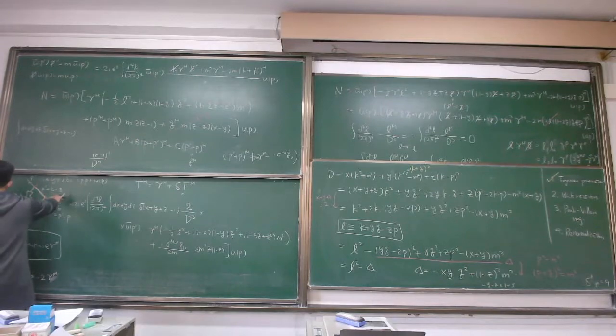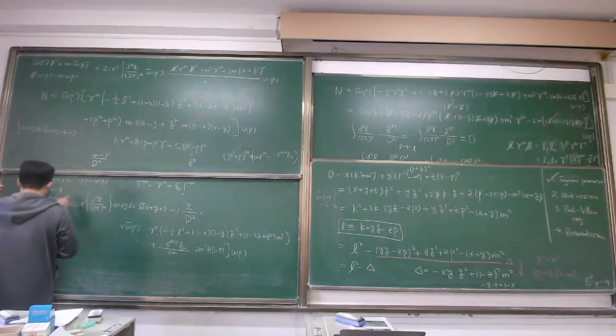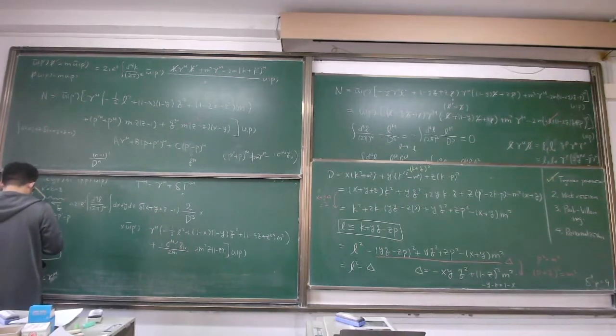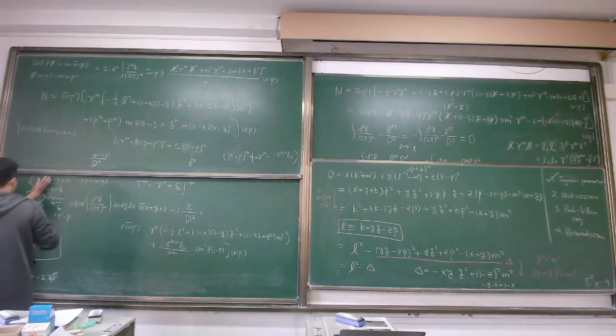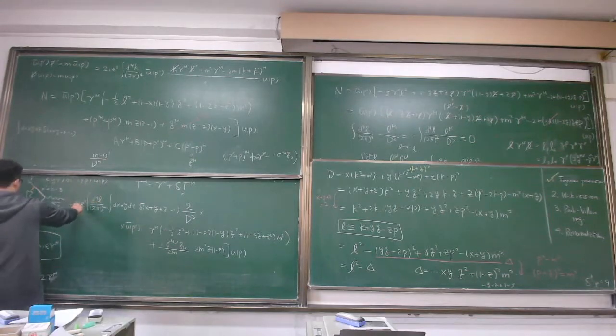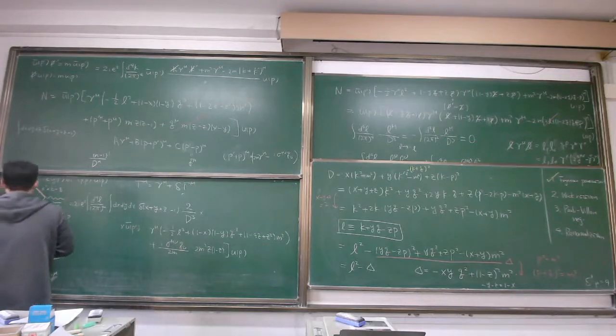This is internal, so it's connected to some diagram. So here I just put the i e outside. So for this integral, we just consider the e squared, only this and this. Oh, okay, I understand.